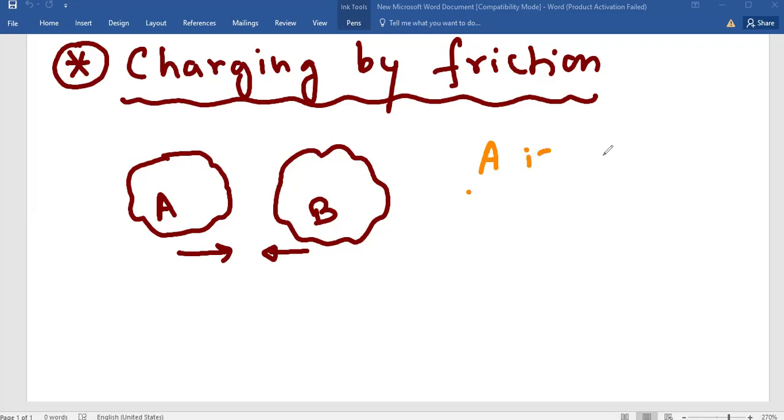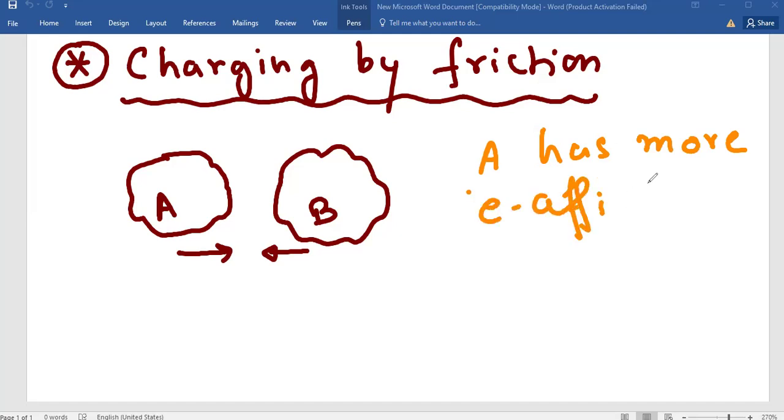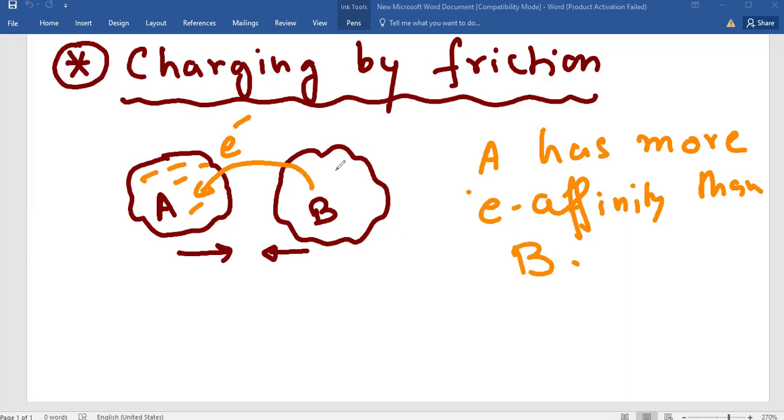So if A has more electron affinity than B, then when we rub them together, the electrons will move towards A. So this one will become a negatively charged body and this one will become a positively charged body.